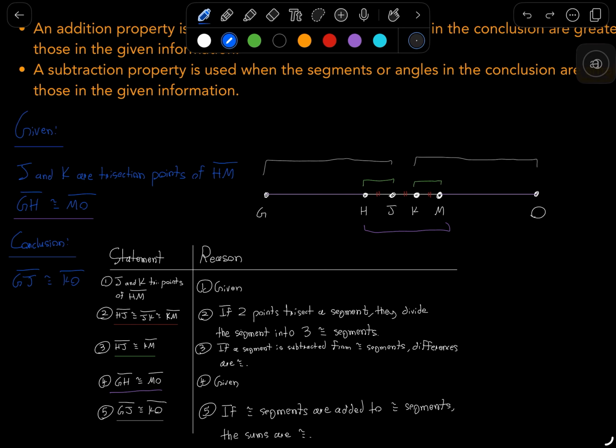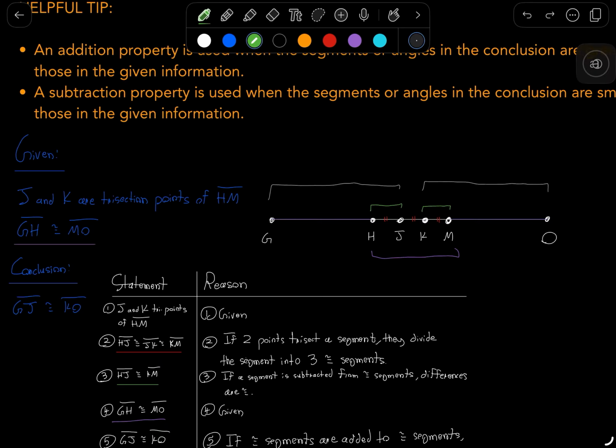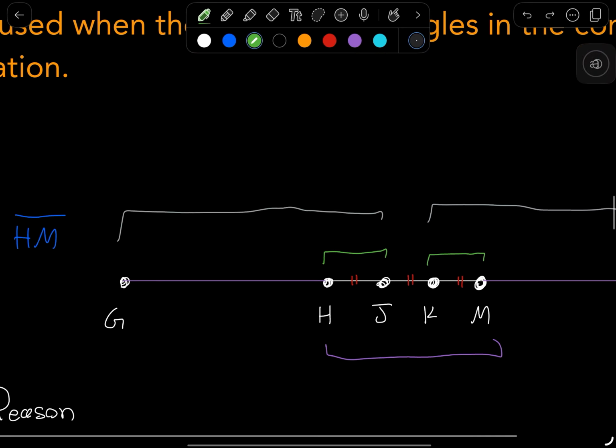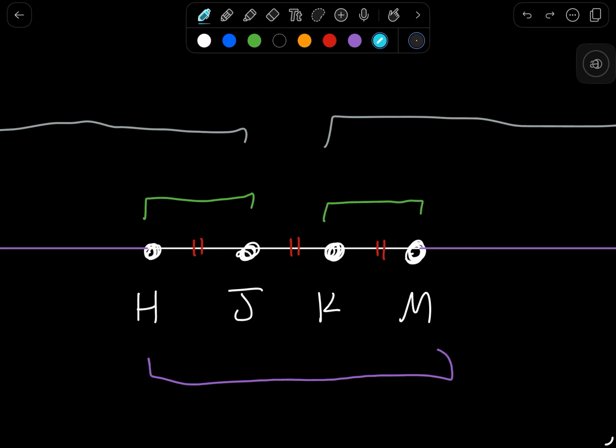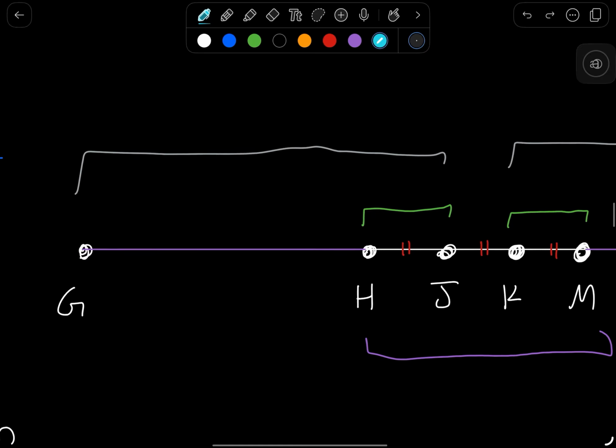So what that allows us to do, think about what our final goal is. We're trying to prove that GJ and KO, these gray segments, are equal. What you'll notice is to get from GH to GJ, you have to add HJ.